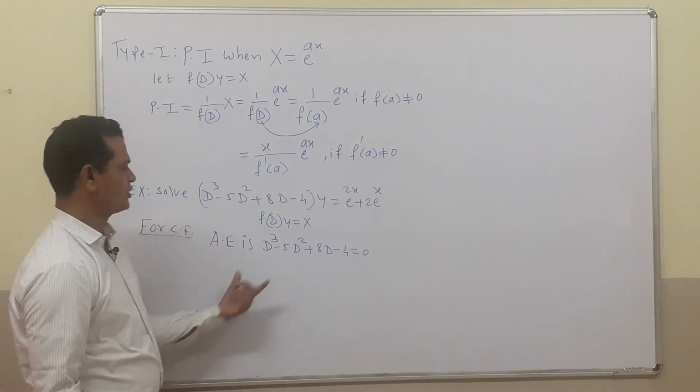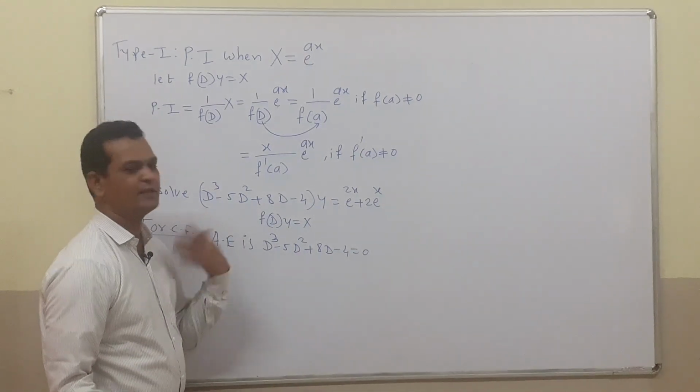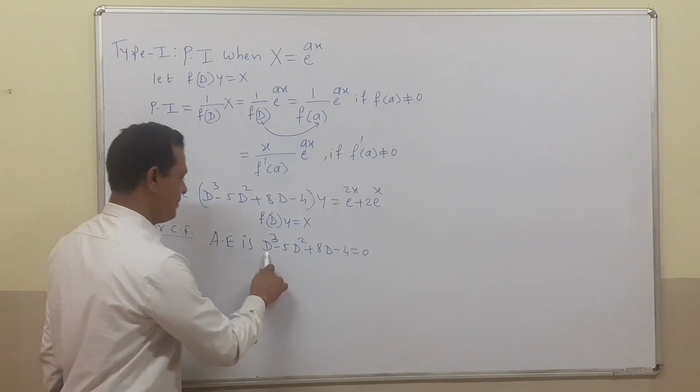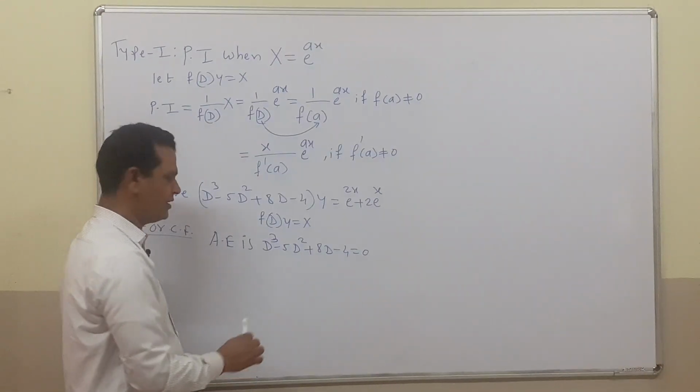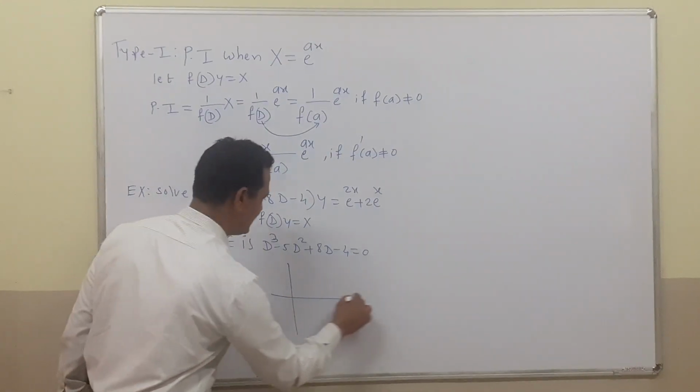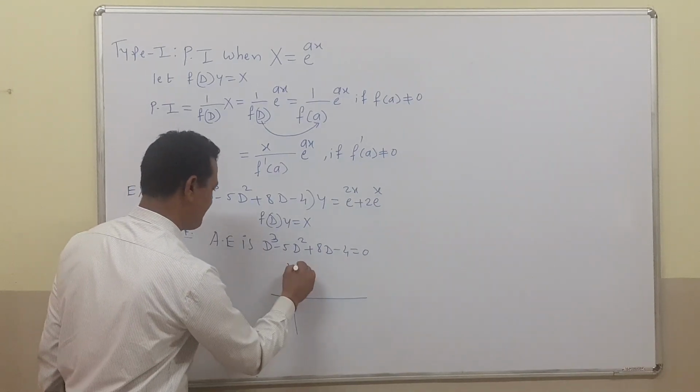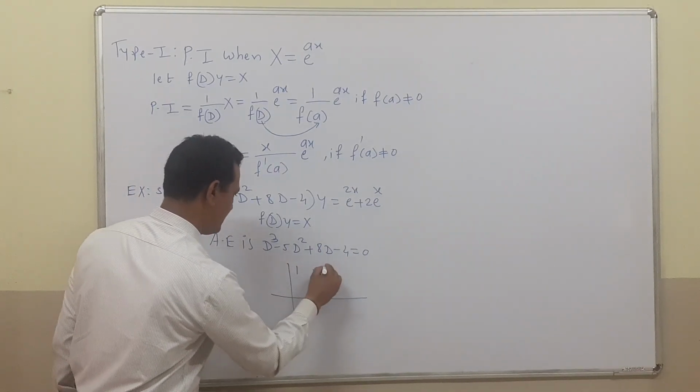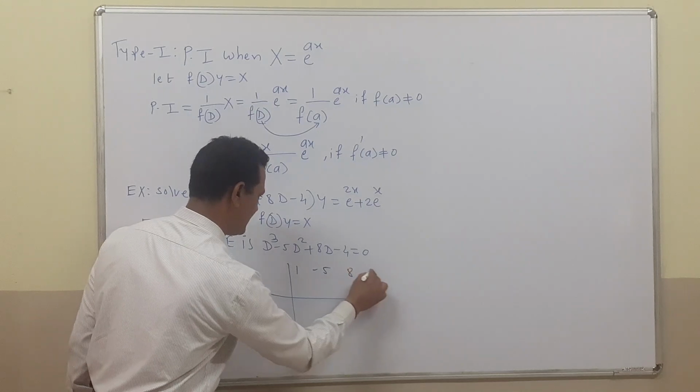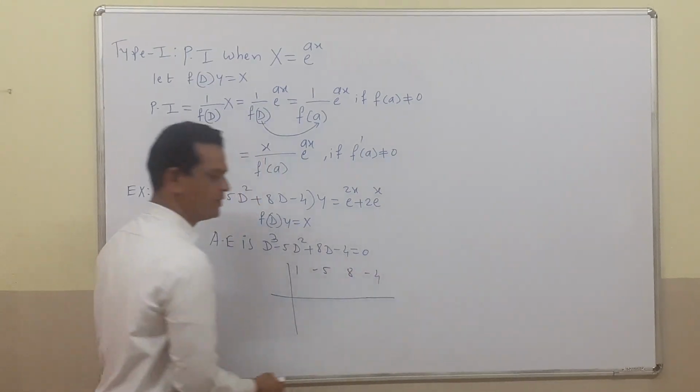Again observe that this is a cubic equation, so apply the synthetic division method. Here the power of d is in decreasing order, so let's directly take the synthetic division. The coefficients are 1, minus 5, 8 and minus 4.